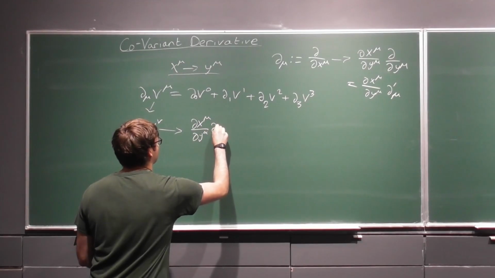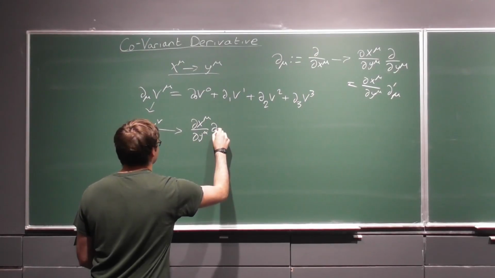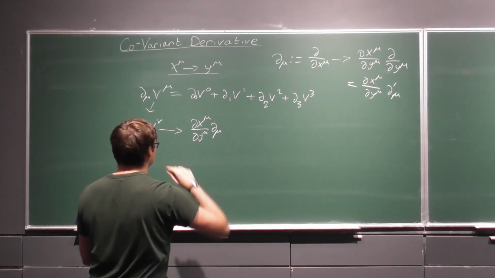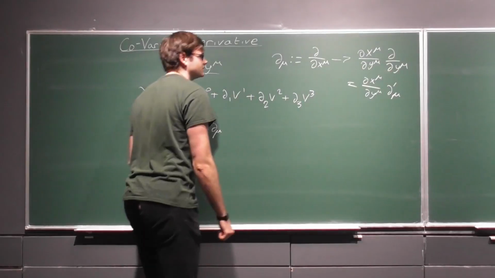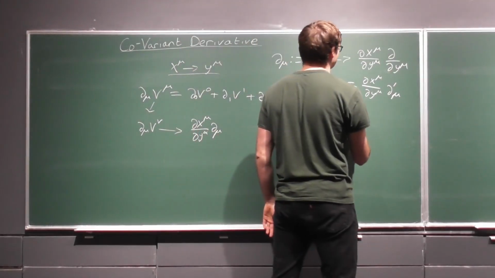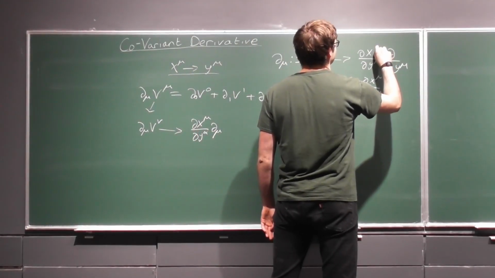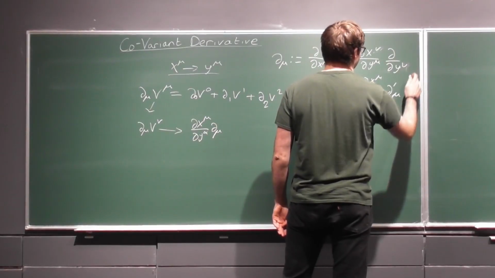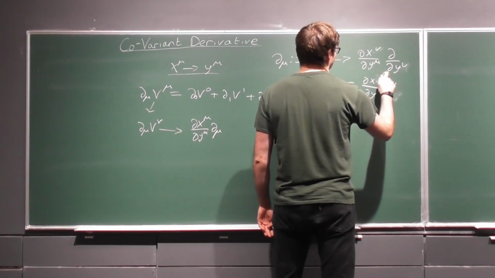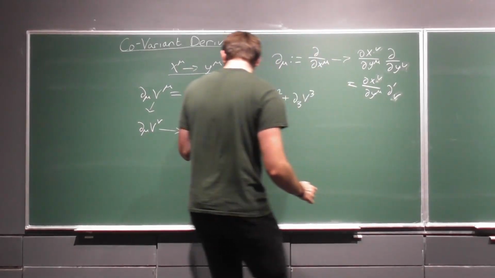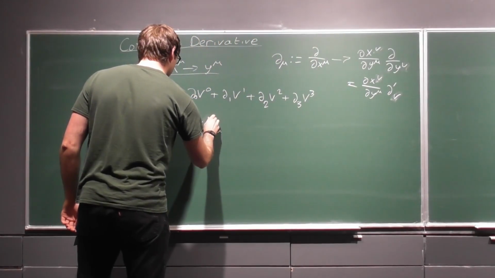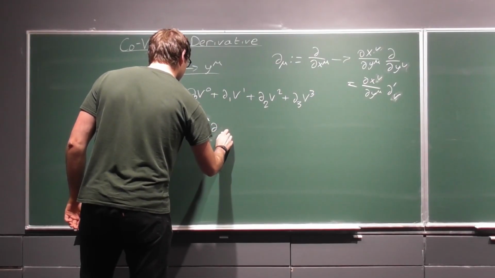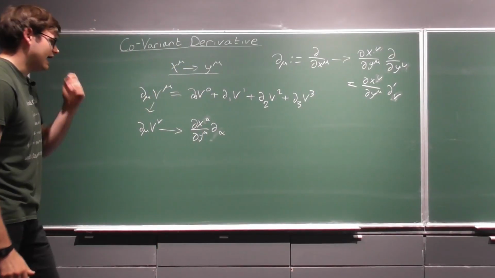And then we get the partial mu here. Hold on, there's too many indices here. Sorry, that should be a mu. Let's have more than 2 indices. Okay, so we'll call these.